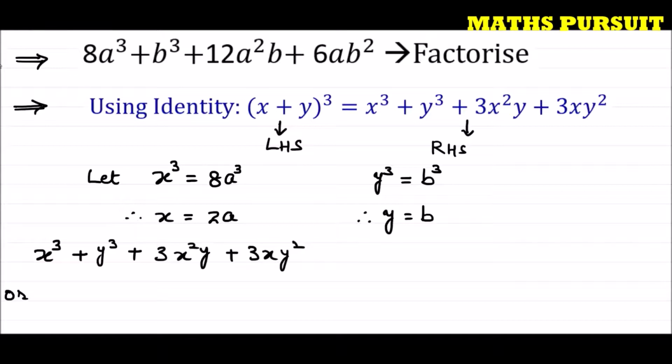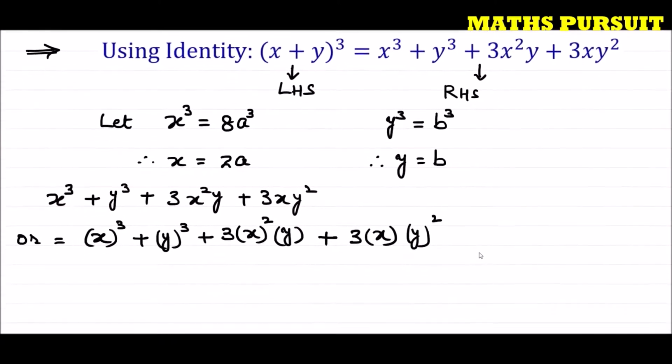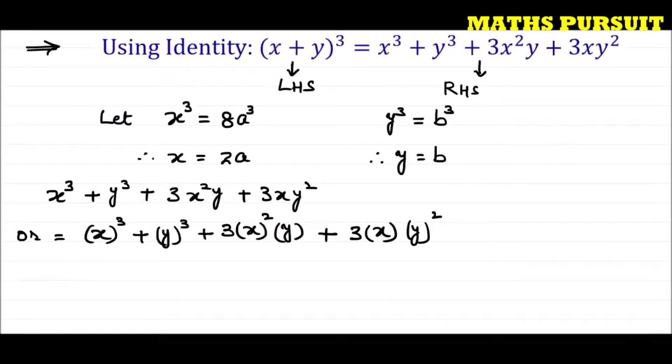Or I can write it as x to the power 3 plus y to the power 3 plus 3 into x to the power 2 into y plus 3 into x into y to the power 2. This is how I have rewritten the right hand side of the identity. Hope guys I'm very clear till here.